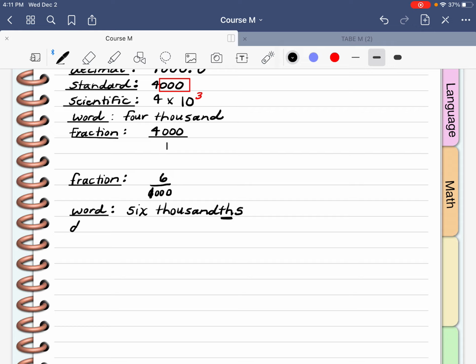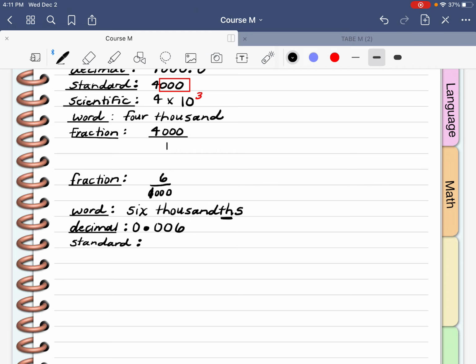So the decimal is going to be decimal, tenths, hundredths, thousandths, 6 thousandths. Standard just drops off all of those extra zeros.